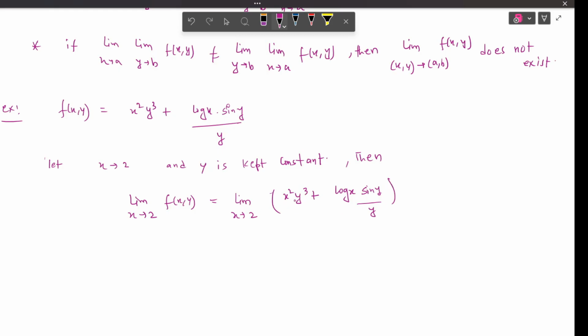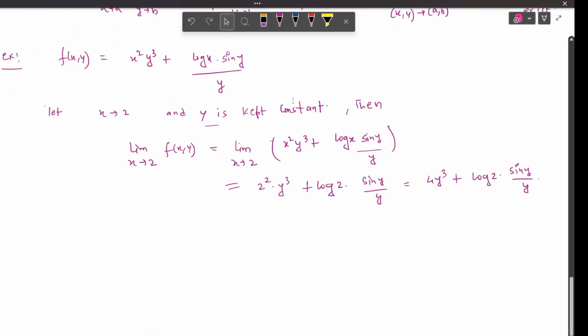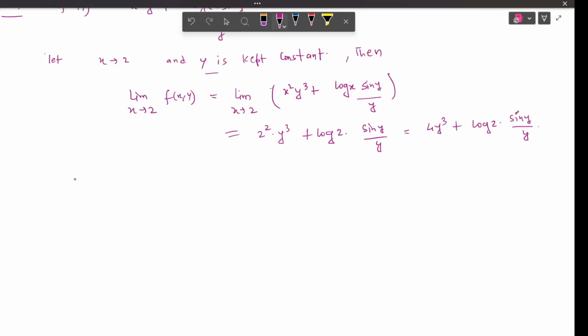So let us evaluate this limit. Here y is constant, so it will be 2 square y cube, we put the value x equals to 2, plus log of 2 into sine of y by y, because it is constant. So you can say that this is 4y cube plus log of 2 into sine of y by y. And in the next phase, let us consider y is tending to 0.